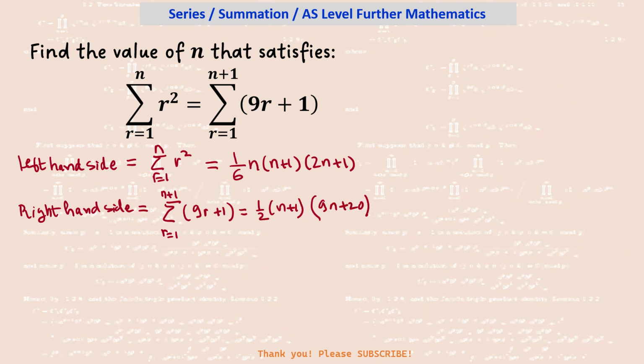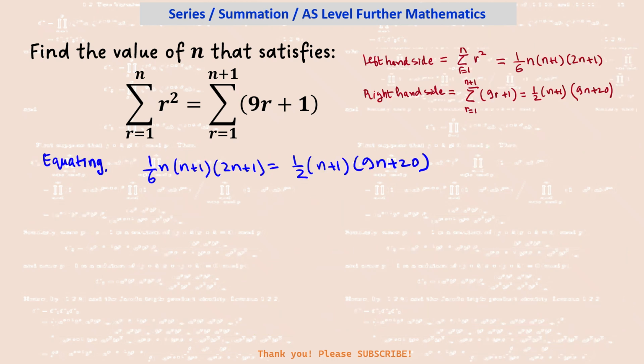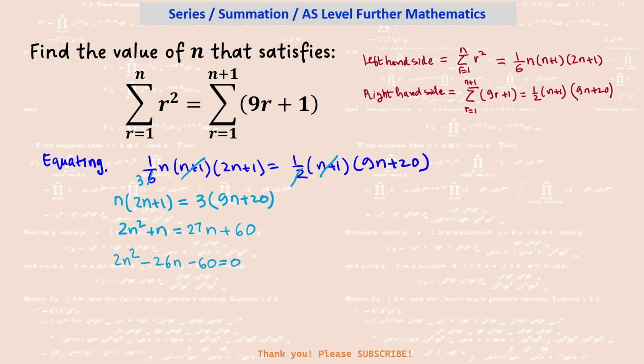So now I've got the left hand side and right hand side, and I'm going to equate them, and then cancelling out the common terms, I am left with something like this: 2n squared minus 26n minus 60 equals 0, which I need to factorize.